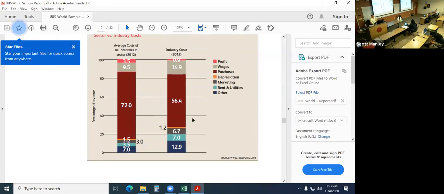Cost structure benchmarks. Rent and utilities in the furniture business really should only be about 7% of sales. Can you work with me? Because I'm doing everything I can to grow our business. I'll make a deal with you. I'll pay you 10% of my sales as rent.